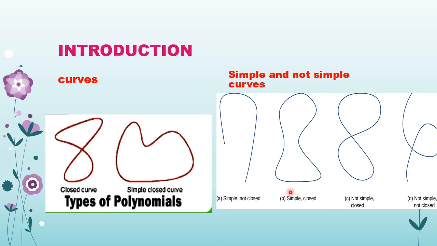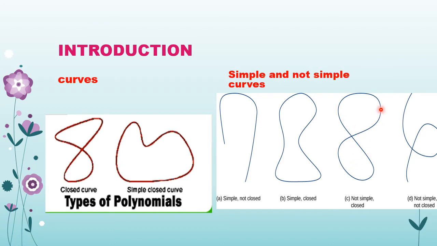What about this? Here again it is closed because there are no open ends, and it is simple because none of the lines are crossing each other. This again is a closed curve because you cannot see any open ends, but it is not simple. Why not simple?